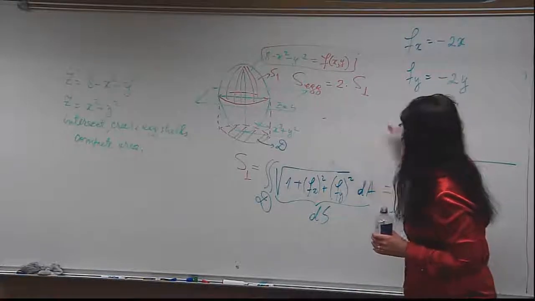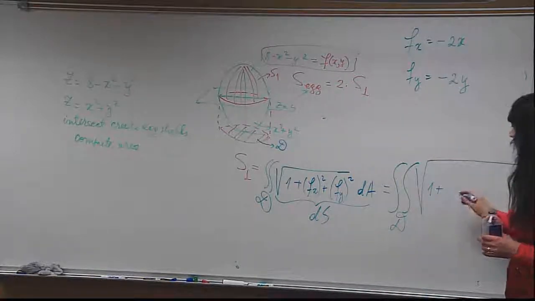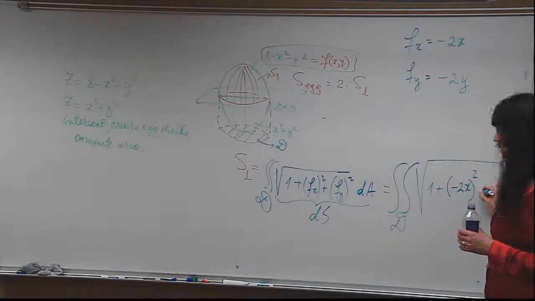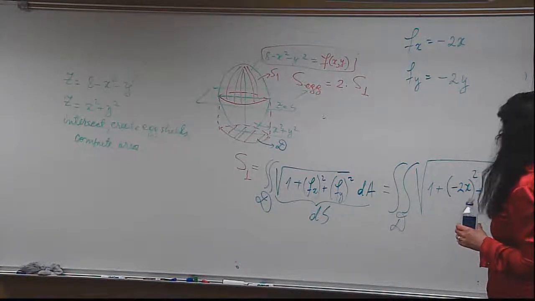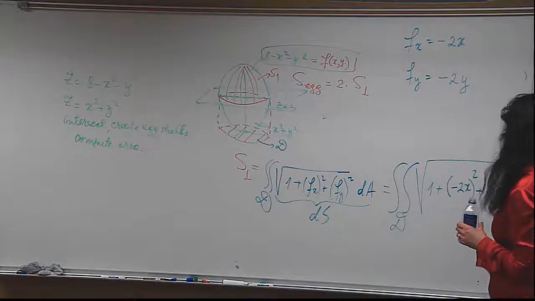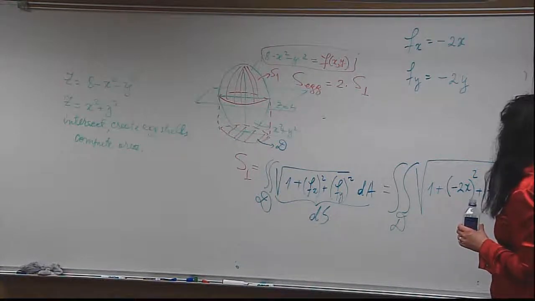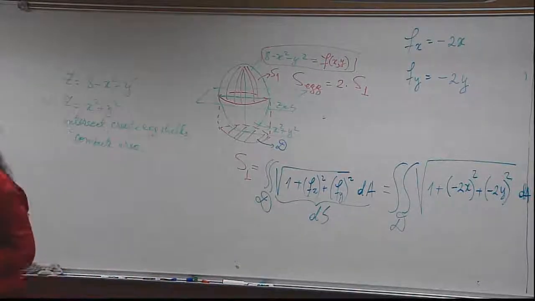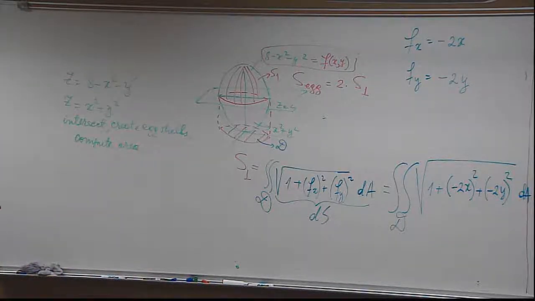Okay, so what am I going to write over here? Minus 2x squared plus minus 2y squared dA. I don't have much room, but that would mean dx dy. Am I happy with it?